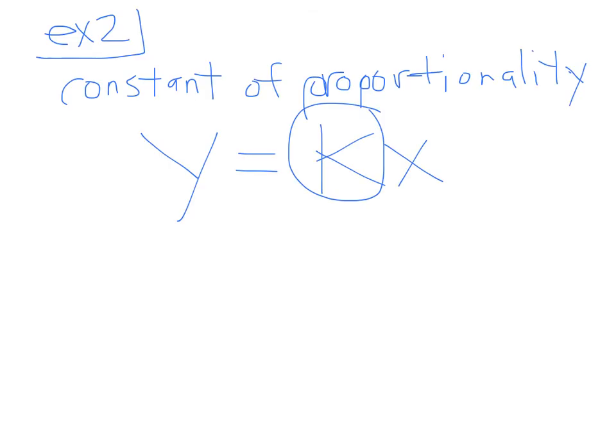So here we have what's called the constant of proportionality. That is an extremely important concept for 7th grade math. It's something that will, for certain, be on your PARCC test at the end of the year. And that same phrase, constant of proportionality. And the constant of proportionality in this equation here is the letter K. But it's not really a difficult concept.